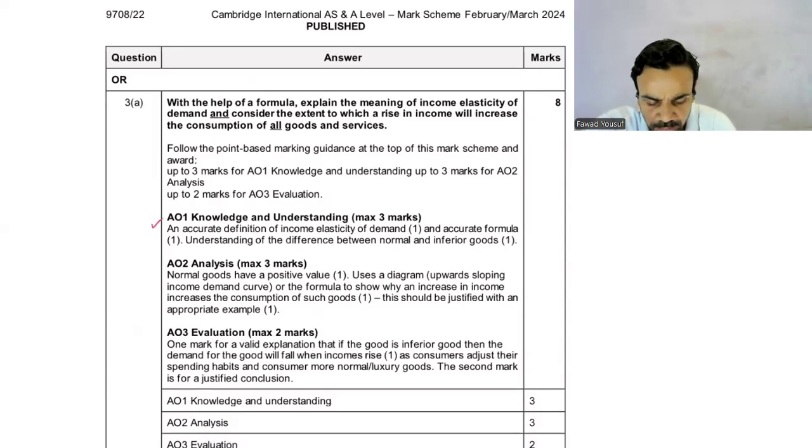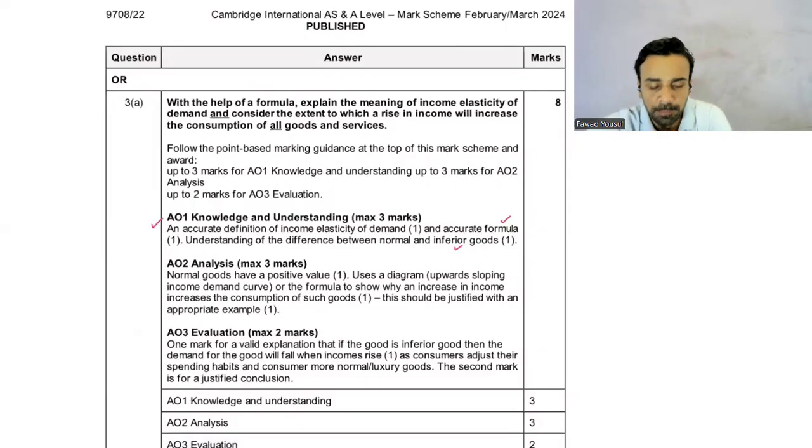You get a tick, that means one mark. Accurate formula, we did the accurate formula. As long as you don't divide it by the price, we're good. And oh, look at that. Understanding of the difference between normal and inferior. So if you've done that definition, which we did, we do get a mark.